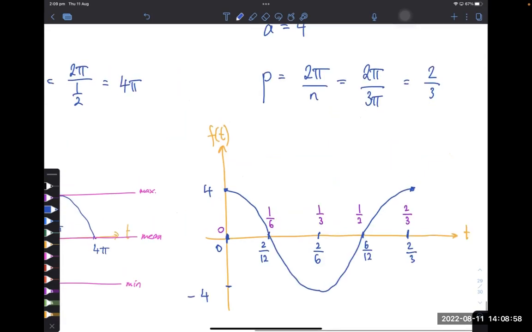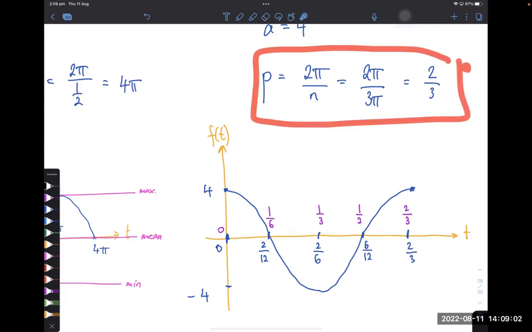Yeah, because have a look. What happened to the pies for our period? They cancelled out, correct. So we're actually left with the fraction. There's no pi on it.